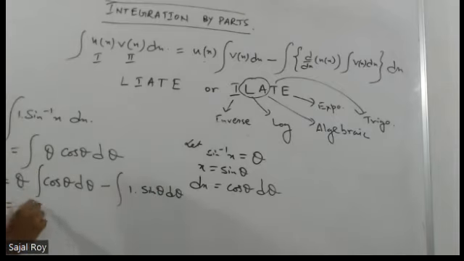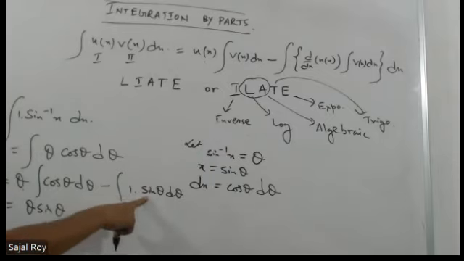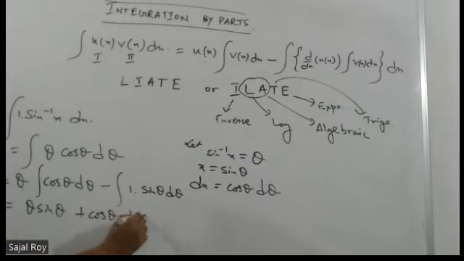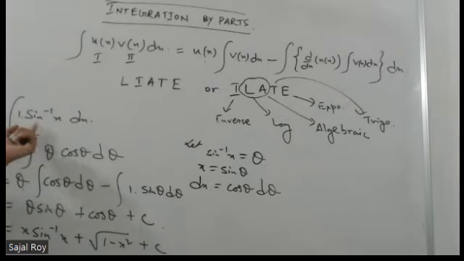So it's theta sin theta minus, what is the integration of sin theta? Minus cos theta, plus c. So you can replace theta by sin inverse x and sin theta by x. Your result will be x sin inverse x, and cos theta will be root over 1 minus x square. You are getting the same result but with a different technique. We can use the substitution initially also for an inverse function.